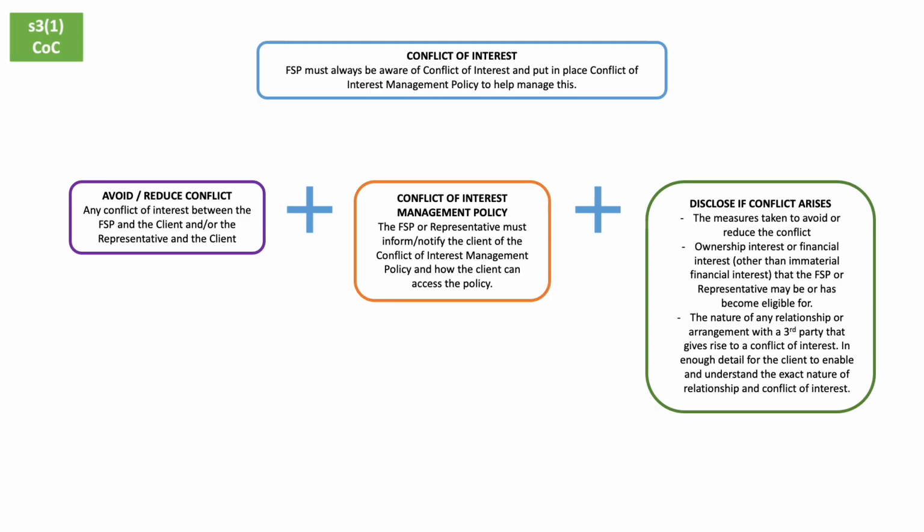The nature of any relationship or arrangement with a third party that gives rise to a conflict of interest and a detailed account that will enable the client to understand the exact nature of the relationship and conflict of interest.